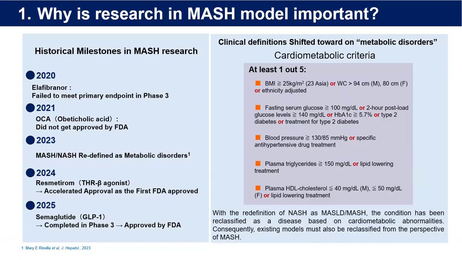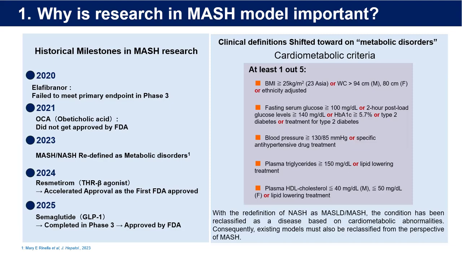First of all, on this slide, I'll explain why selecting a MASH model is so important at this particular moment in the medical world. Please look at the left side. It summarizes the history of MASH drug discovery to this date. Until now, MASH has been considered a very challenging field.